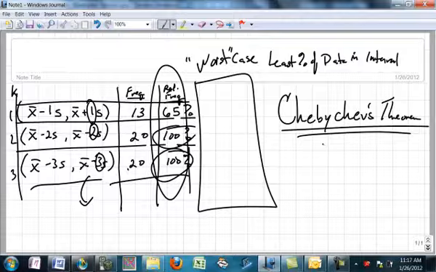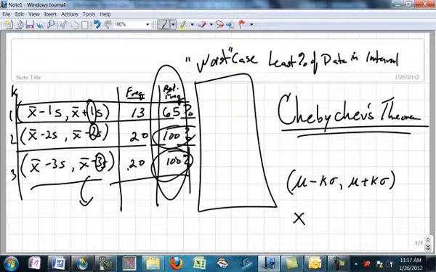Well, Chebychev's theorem says if you're going to look between x bar, actually let me phrase it in terms of the population. Okay, but it works for a sample too. You take mu minus k standard deviations up to mu plus k standard deviations. Or for a sample that would be x bar minus ks to x bar plus ks.